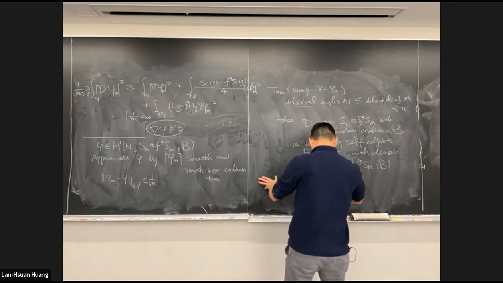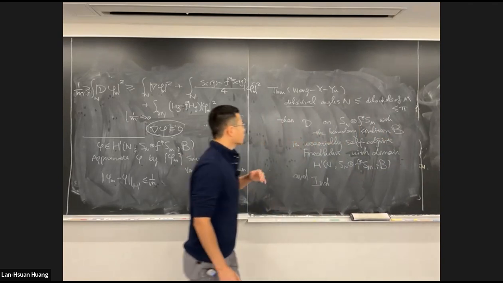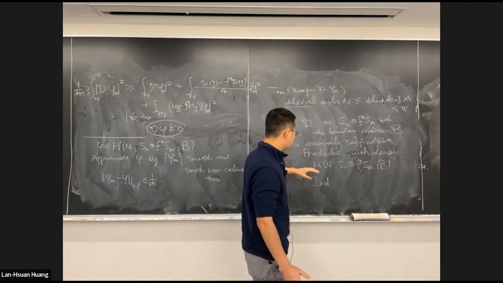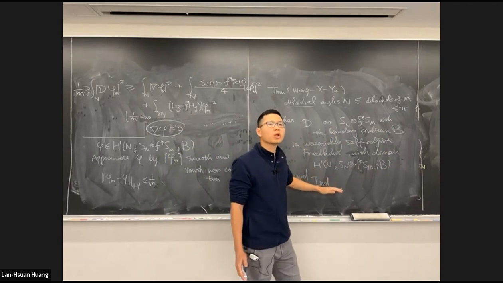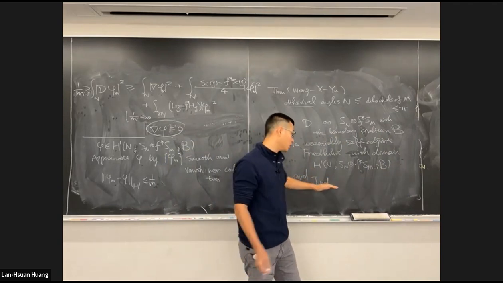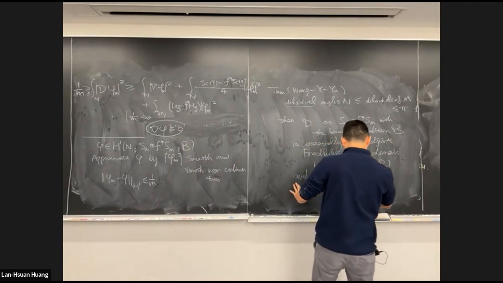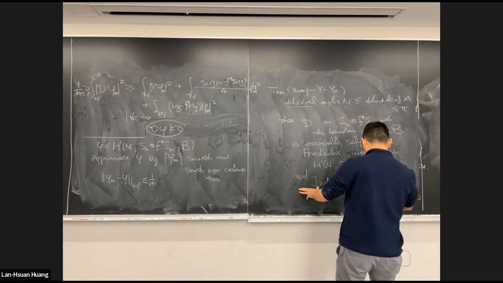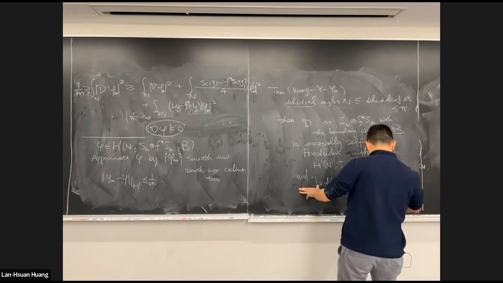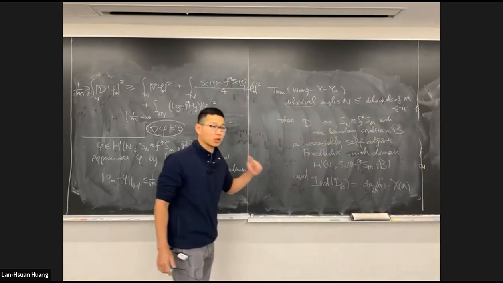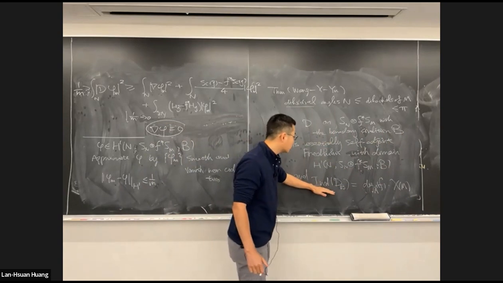I'm kind of merging two sort of results into one. The point is, of course, what we really want to see is that the index of the relevant operator is exactly this degree of f times this, and we know it's non-zero by our assumption. So this is what we want.